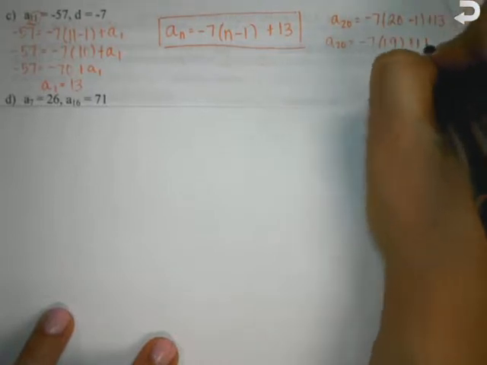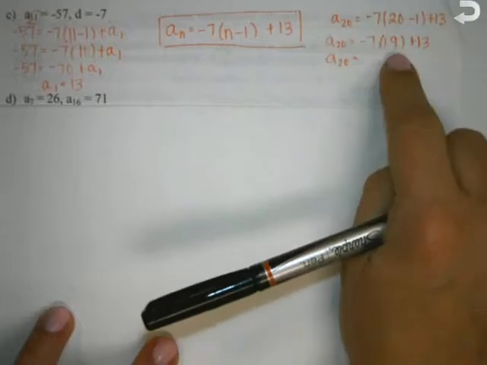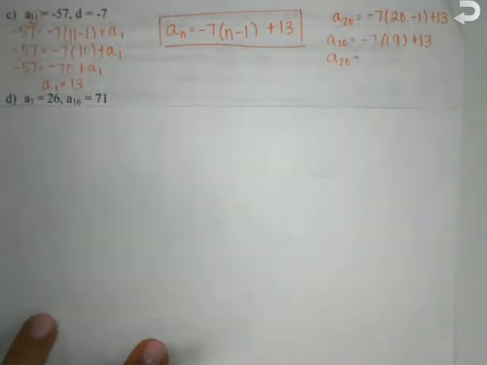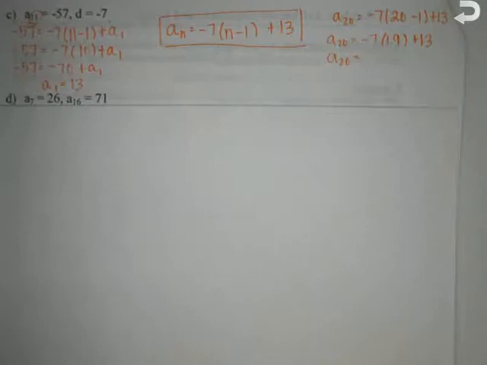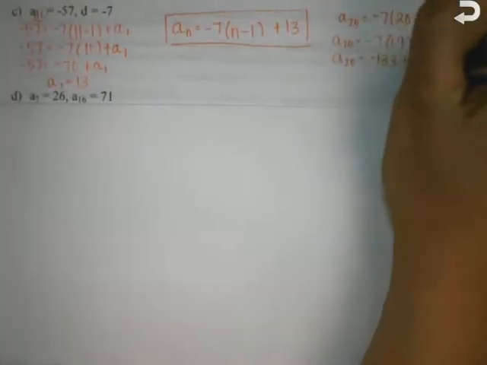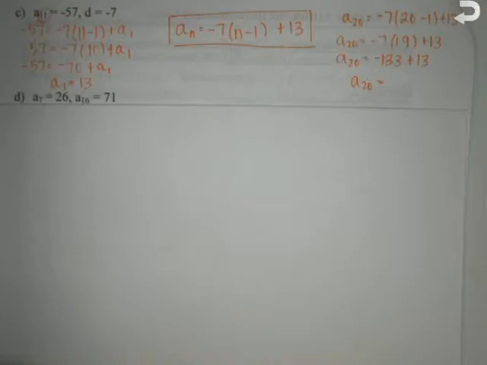Negative 7 times 19 gives me, oh, I did all of it in one step. Negative 133 plus 13. So a sub 20 equals negative 120.